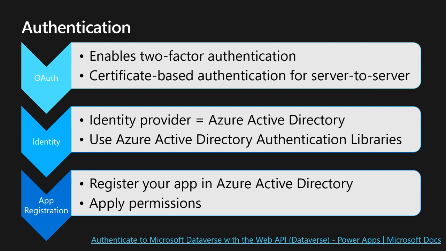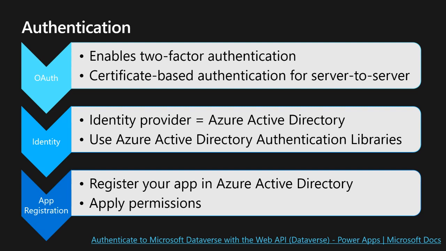Finally, it's important to note that you'll need to have an app registration. When you connect using OAuth, you must first register an application in your Azure Active Directory tenant. How you should register your app depends on the type of app you want to connect to.